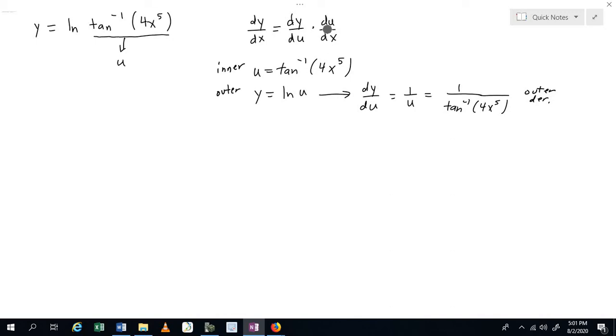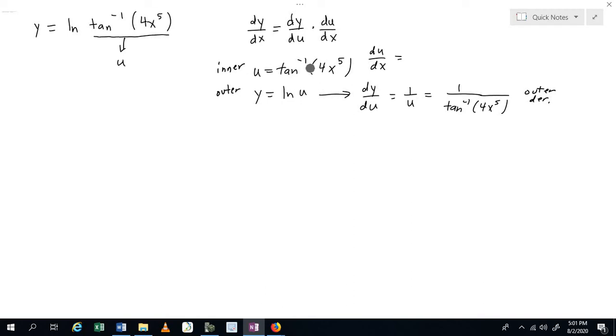Now I'm going to multiply that by the inner derivative, which is the derivative of u with respect to x. So du dx is really the derivative of this inverse tangent of 4x to the fifth with respect to x.